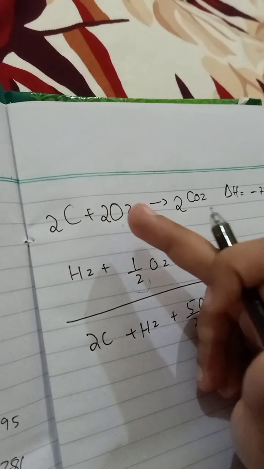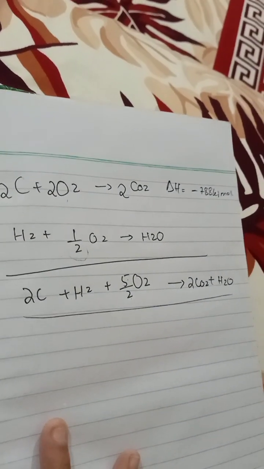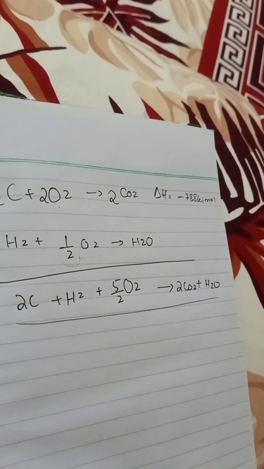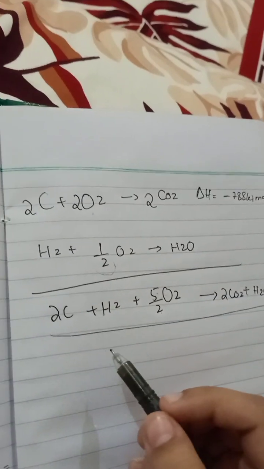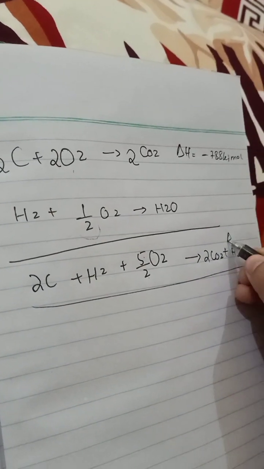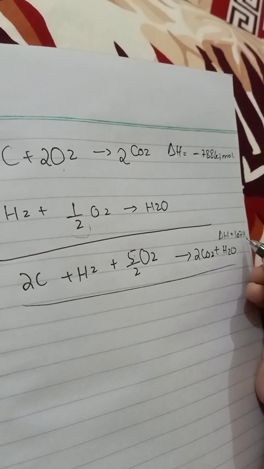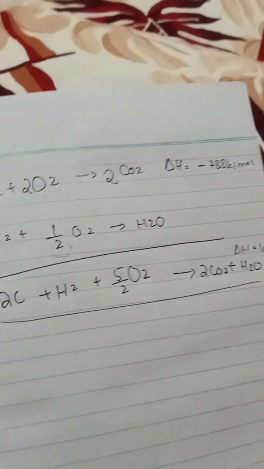Here 5/2 comes from adding both oxygens. So we are having the new equation, by addition of the first and the second reaction. So the change of heat, if we talk about this, that is minus 1074 kJ/mol.